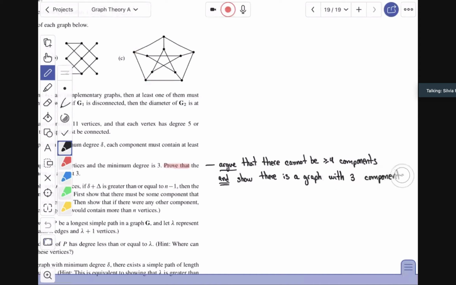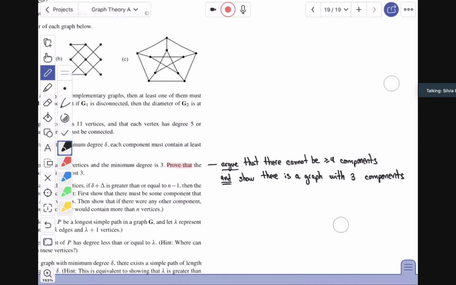So what I was telling you, you actually need to show to be considered a proof. You have to argue you cannot do more than 3, so 4 or more, and you need to show that you can actually do 3. Okay, so you need to provide a graph with 3 components, which we do. Okay, so that's a proof.